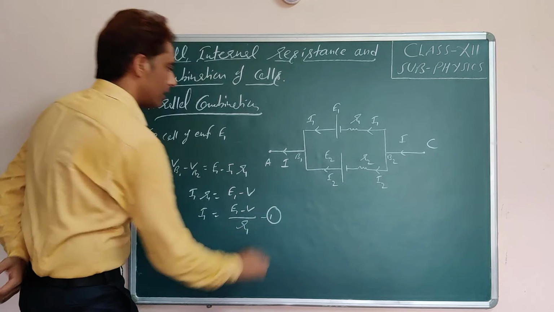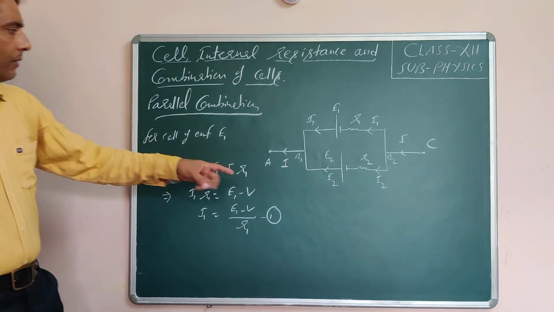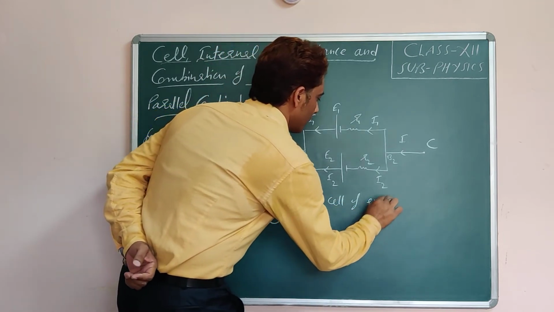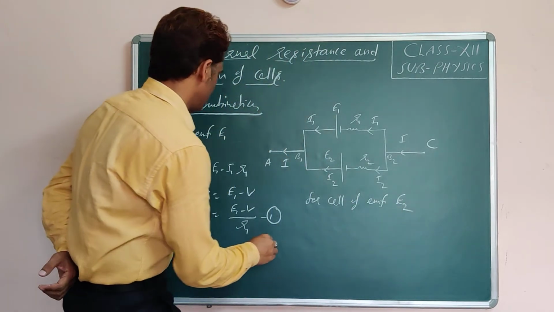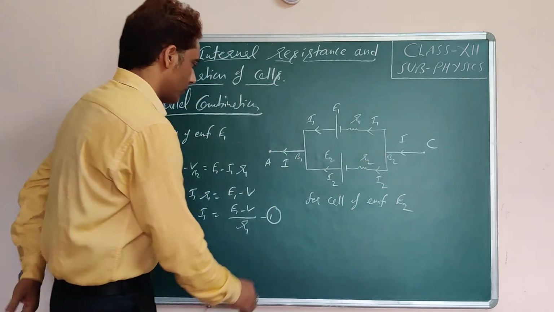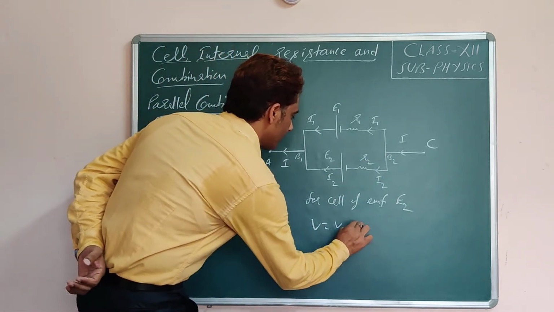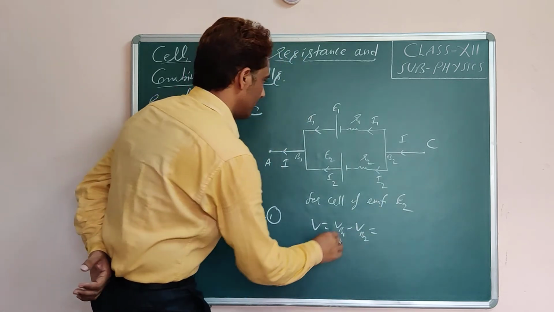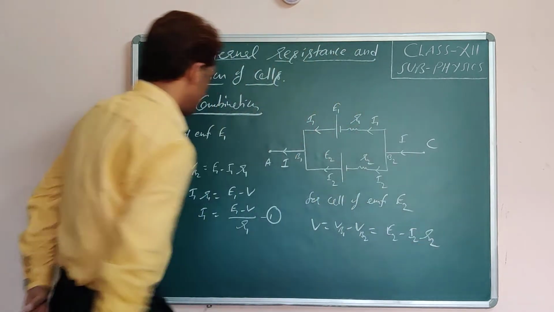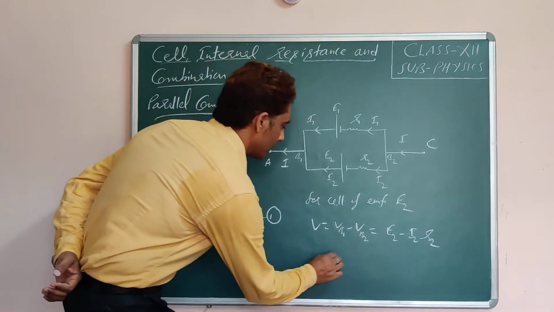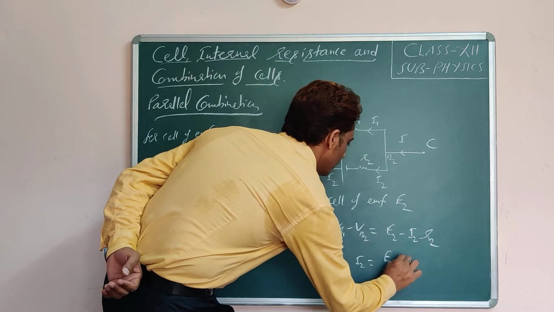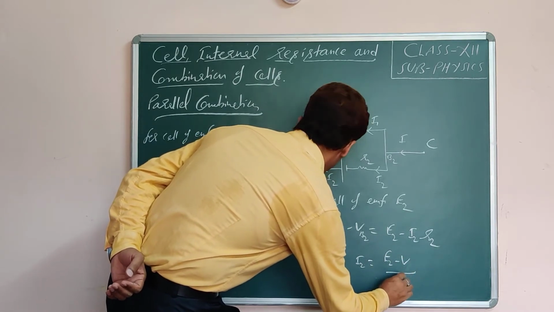Let this be number 1. Similarly, for the cell of EMF E2, again the potential difference between these points is V. So V is equal to VV1 minus VV2, that is equal to E2 minus I2 R2. So this implies I2 is equal to E2 minus V over R2.